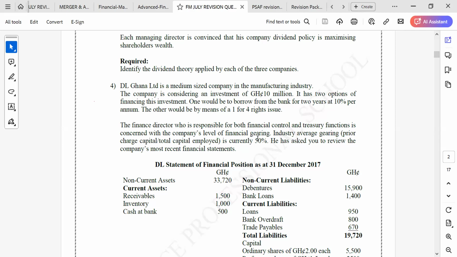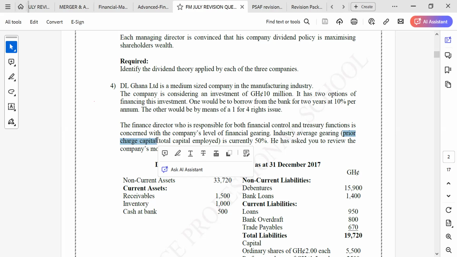He has asked you to review the company's most recent financial statements. The question now is, what do we call the prior charge capital? What is prior charge capital? Okay, prior charge capital is just like a long-term what?